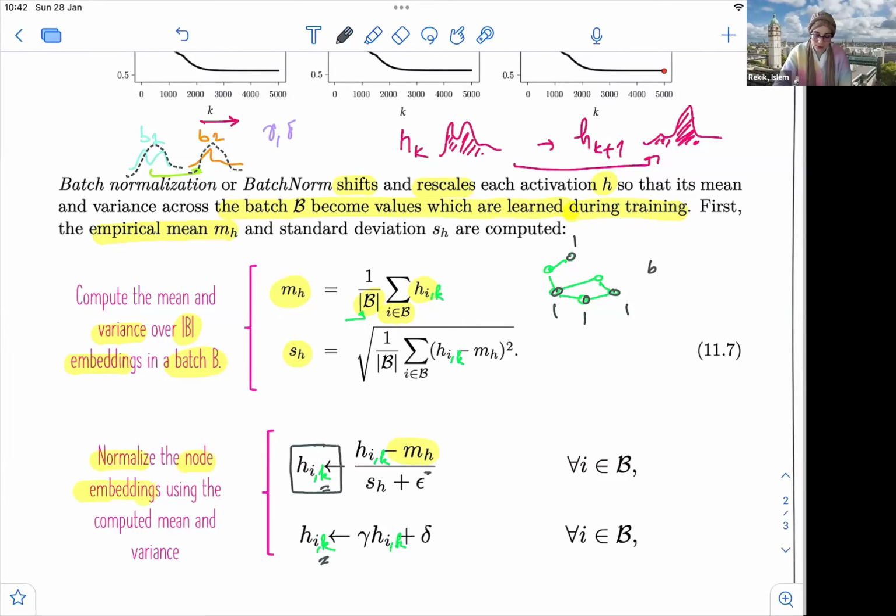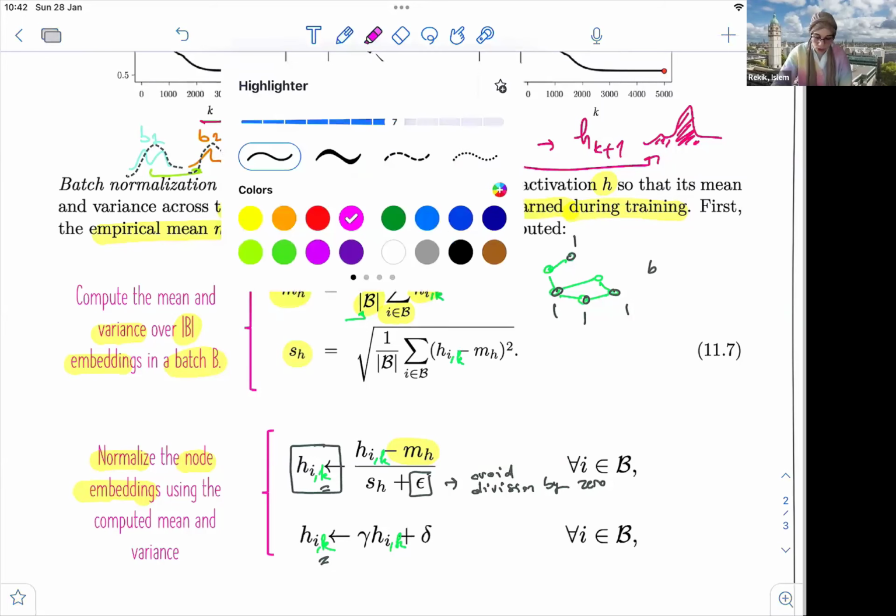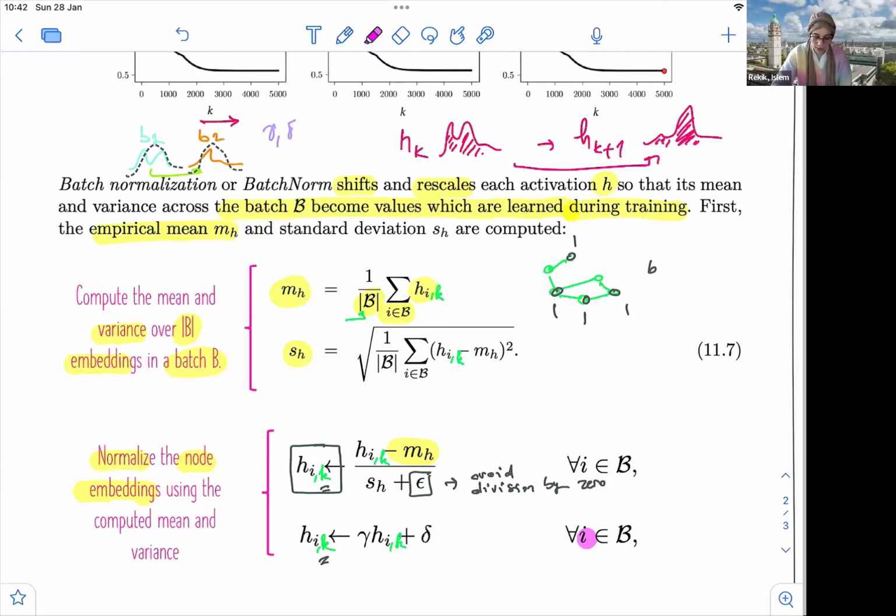And we add an epsilon here to avoid division by zero.